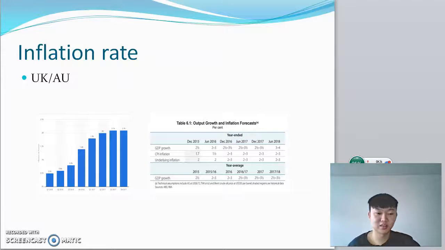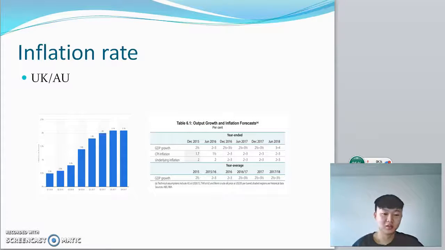We assume that the Australian dollar will depreciate against the GBP, because the high inflation in Australia will cause less demand for Australian export. Therefore, there will be less demand for Australian dollar, so the demand curve will shift to the left.